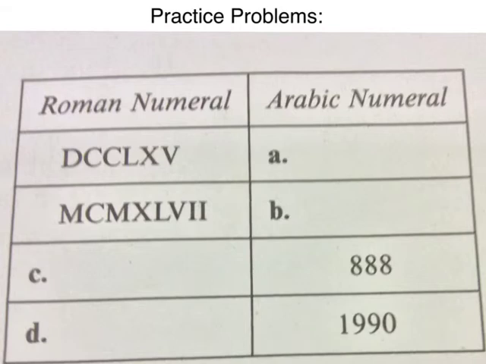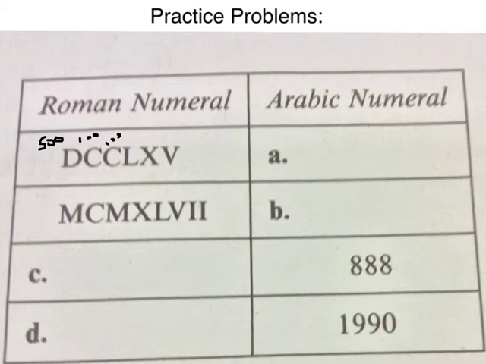Alright, so in A and B, we have the letters and we're going to transpose those into our Arabic numerals. So, D stands for 500. So we've got 500 there. C stands for 100, and there's 2 of those, so that's 100 and 100.